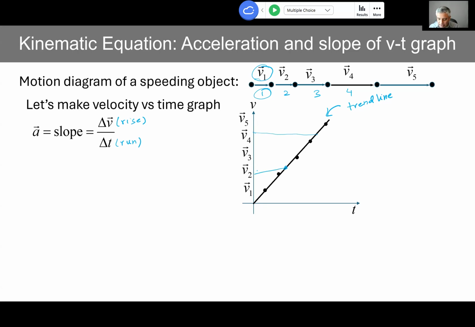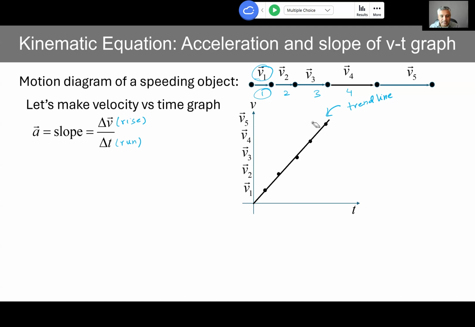If I take these two points, that is the change in velocity. Velocity is in the vertical direction, so any segment in the vertical direction is change in velocity. The corresponding segment here is the change in time interval, and that's what we call run because it is in the horizontal direction. Rise over run, that's the slope.